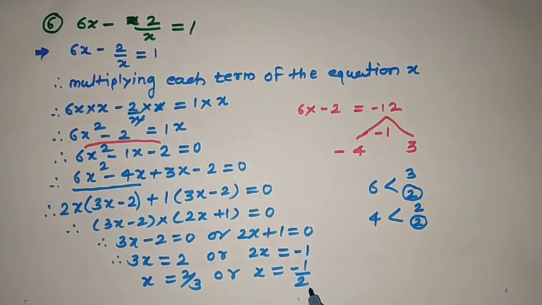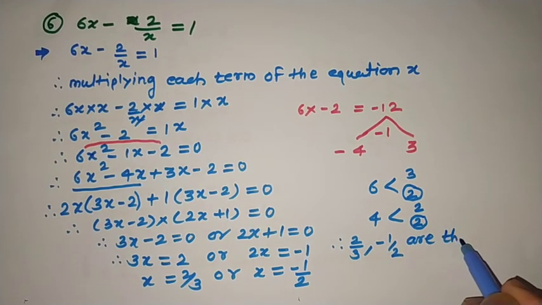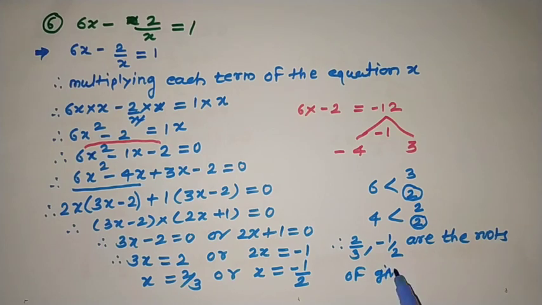The multiplication goes to the other side as division. Therefore 2 upon 3 and minus 1 upon 2 are the roots of the given quadratic equation.